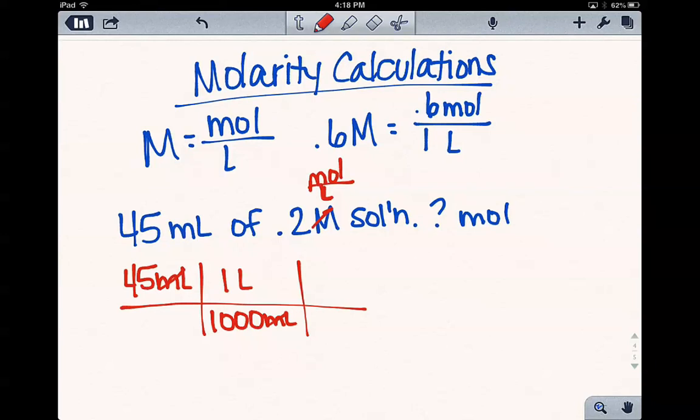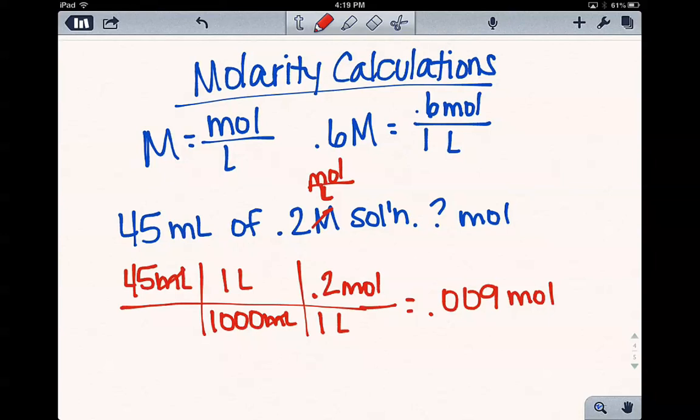And now I can use my molarity and put my 1 liter on bottom and my 0.2 moles on top to figure this out. And so you end up with 45 divided by 1,000 times 0.2, and you get 0.009 moles of whatever substance we're talking about.